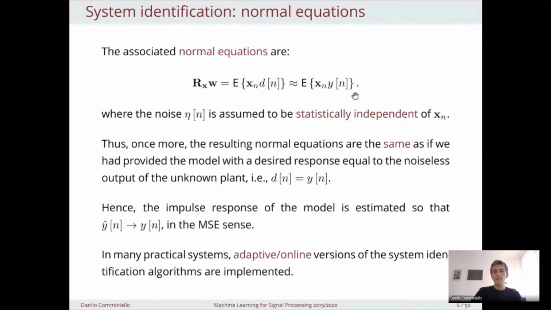So this assumption is very important because you can just take the overall response of the system, which includes also the noise, and you can apply the mean square error method.